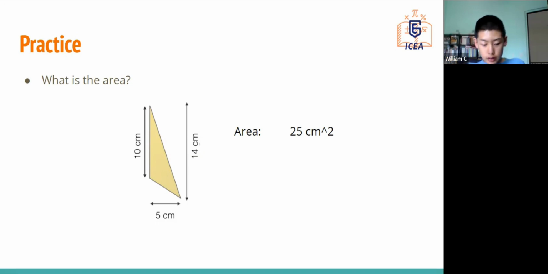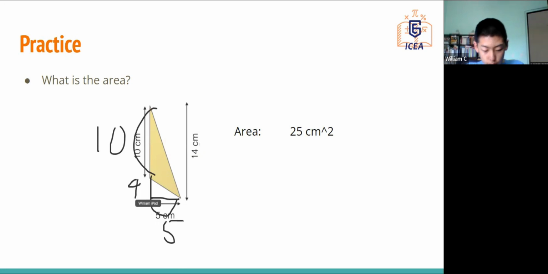Notice that we can call any side the base of a triangle. Let's call this side the base. Let's draw this over here. Know that this length is 5. This length is 10. And this length is 4. We can calculate the area of this small triangle and the larger triangle.